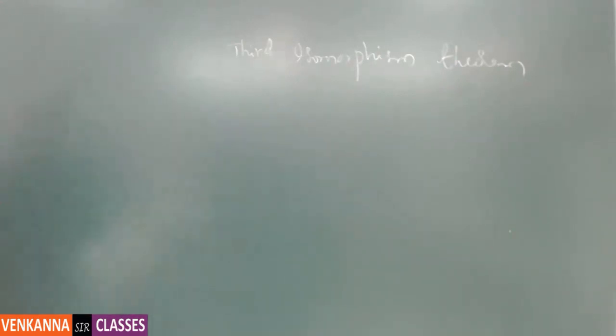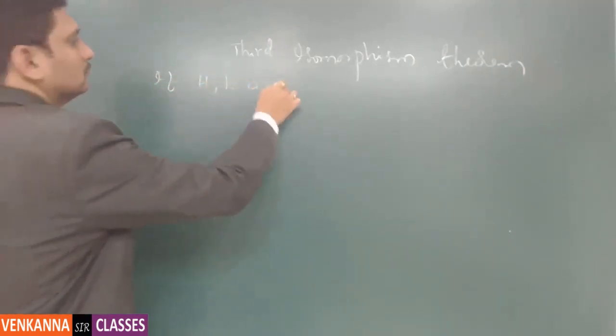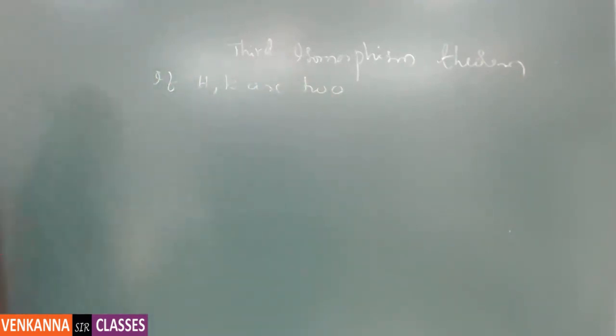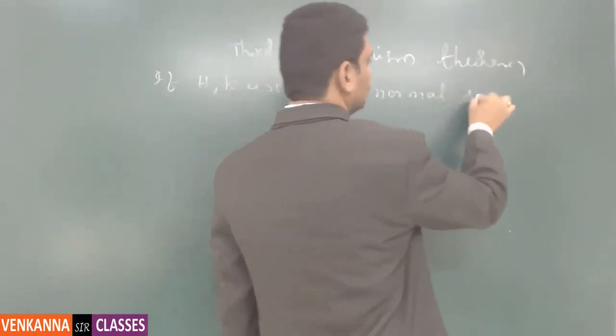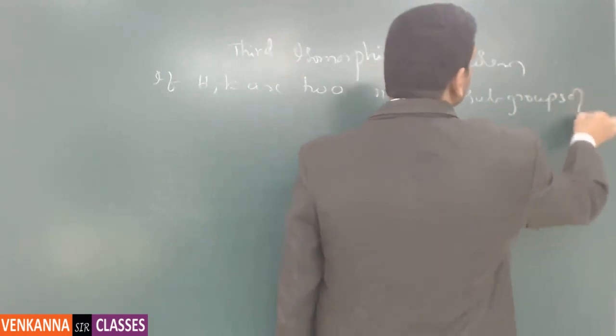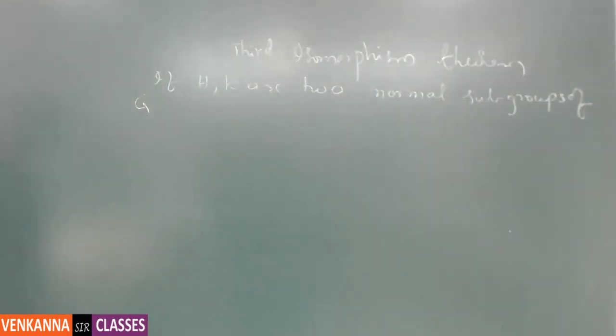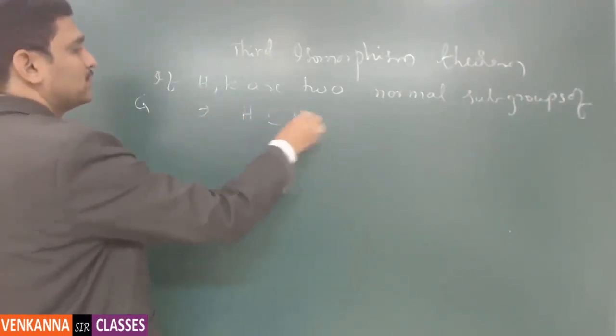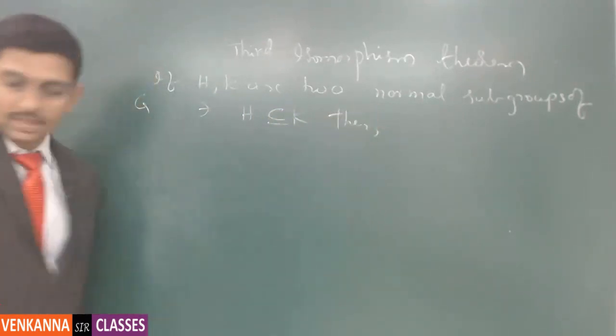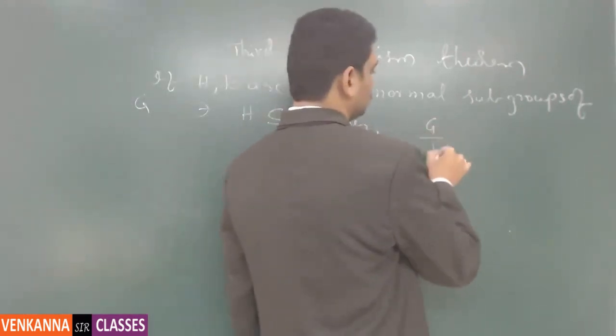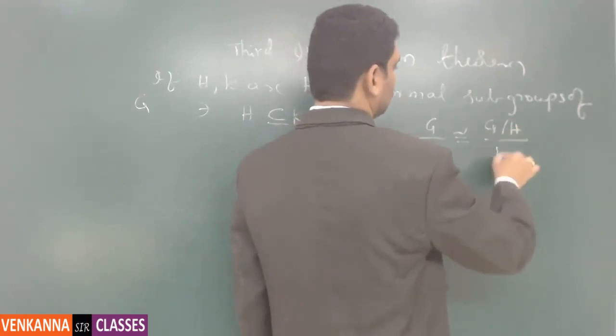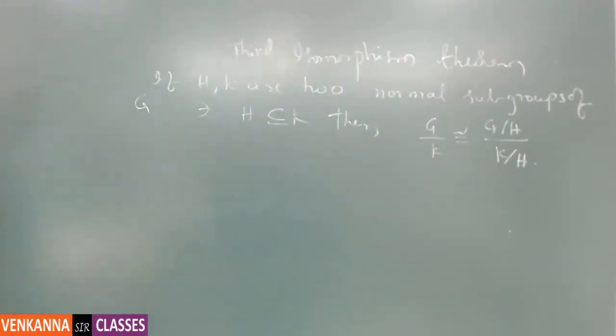The statement is: if H and K are two normal subgroups of G such that H is a subset of K, then G by H is isomorphic to K by H. This is the third isomorphism theorem. Please take a note of that.